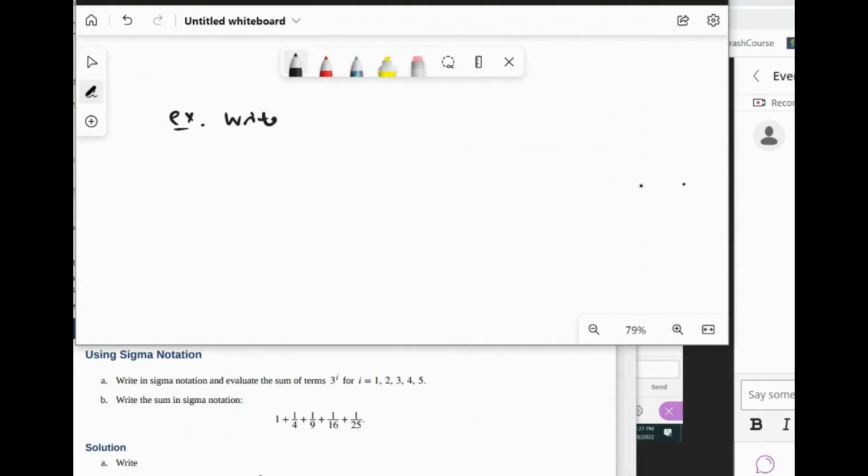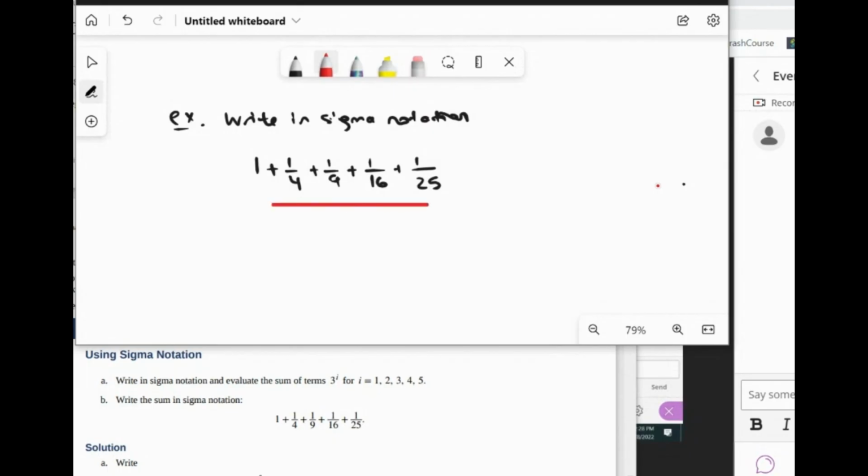Let's write in sigma notation. What do we have in here? We have a sum, right? We have a sum, and we just need to find the pattern here. What are we adding, and how can we write it using a variable?